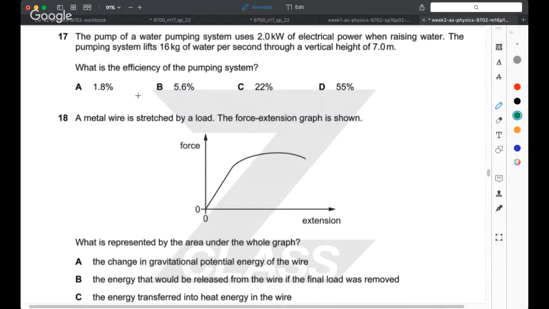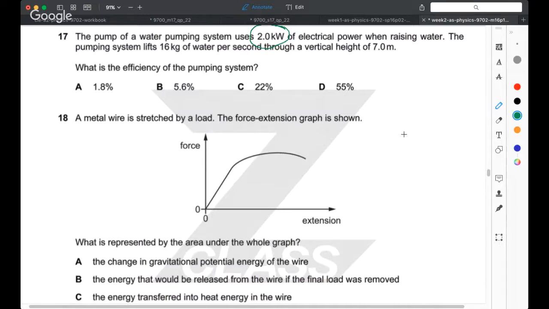Okay, I can't remember this one. So you did 2 kilowatts of power, so that's force.